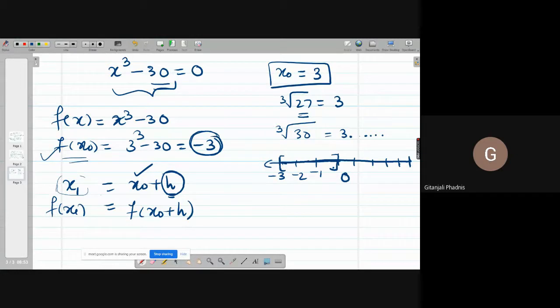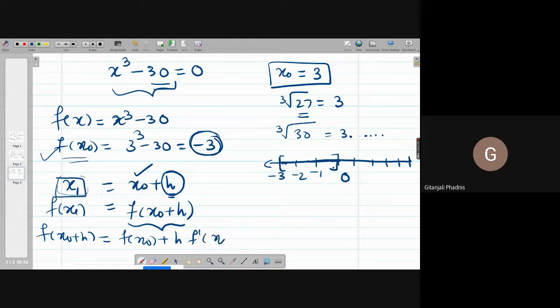I know x naught. So I want to express x1 using x naught. I don't know what h is. So I'm going to use Taylor's expansion formula for f of x naught plus h. I will expand it. So it is f(x naught) plus h f dash(x naught) plus h square upon 2 factorial f double dash(x naught) and so on and so forth.